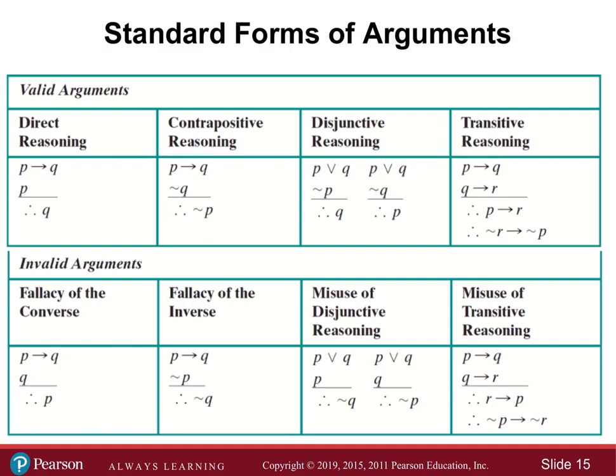Misuse of the disjunctive reasoning, P or Q. If at least one of these is true, if this is true, therefore this has to be false. Not necessarily. They could both be true, right? Same thing with the Q. P implies Q and Q implies R, therefore R implies P. So this is a misuse. This is false reasoning. These two examples here.